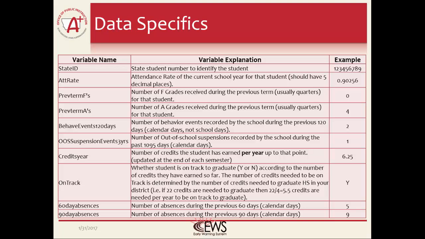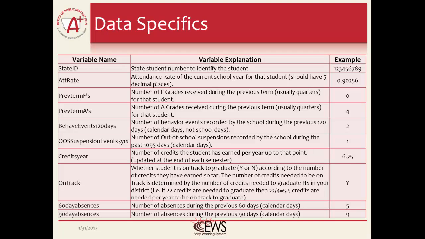On track uses the credits per year variable to determine if a student is on track. For example, a school requiring 22 credits to graduate would mean a student needs to average 5 5/10 credits per year or more to attain that. If their credits per year is above 5.5, then they are on track to graduate.